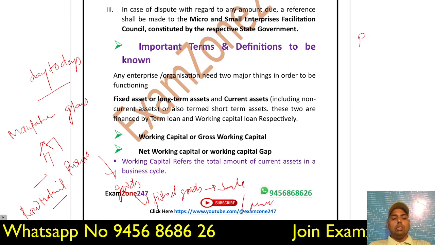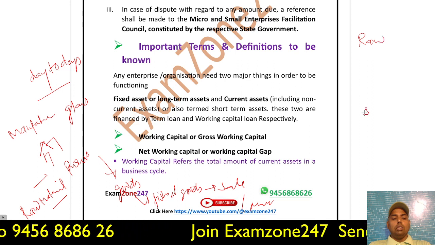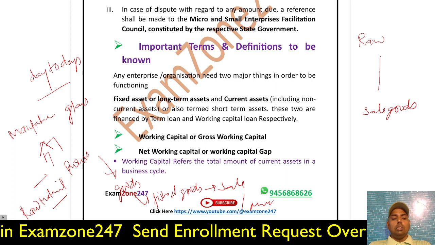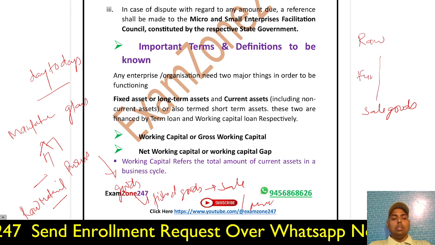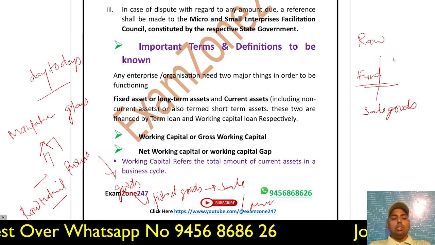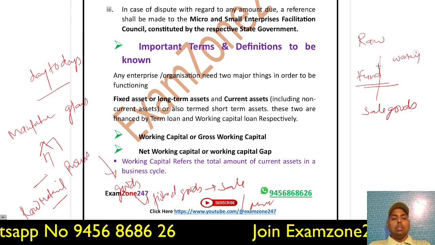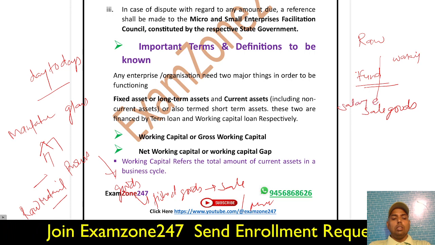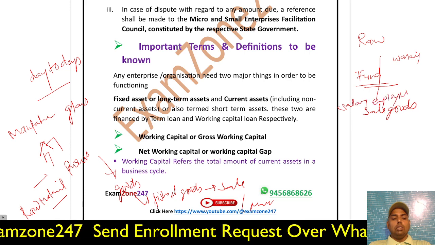From the purchase of raw material until the sale of goods, there is a requirement of funds, and this fund is called the working capital requirement. This also includes the salary of employees because they are also working.